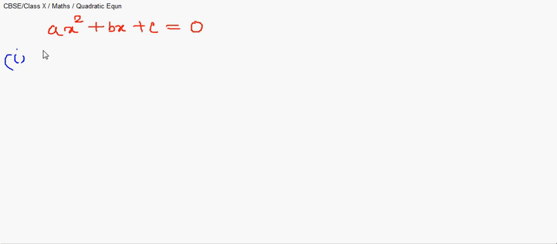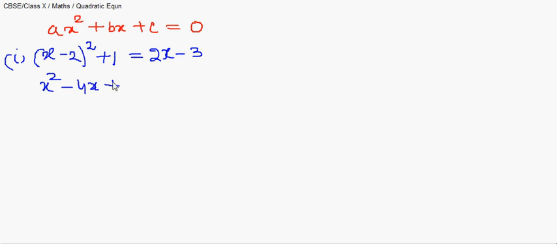We are supposed to check if this equation is in quadratic format or not. To do so, let us remove the bracket, thereby plus 4 plus 1 equals 2x minus 3.